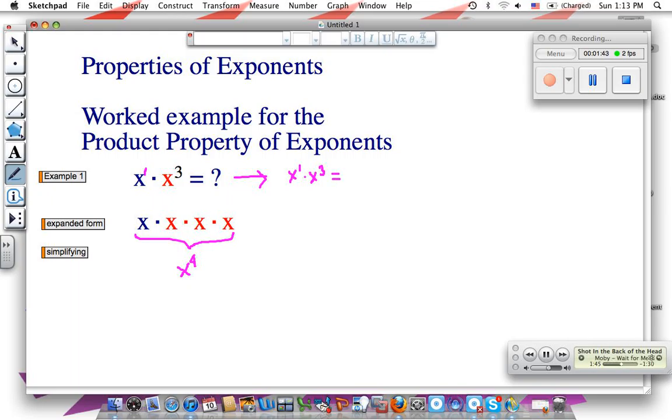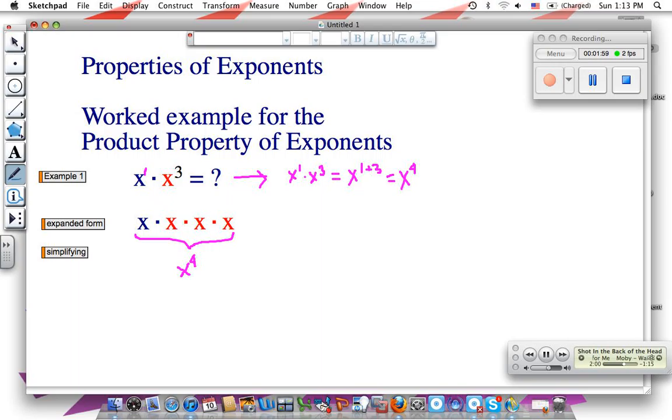So if we did x to the 1 plus 3, that would actually be x to the fourth, which is what we did when we got the answer by expanding it.